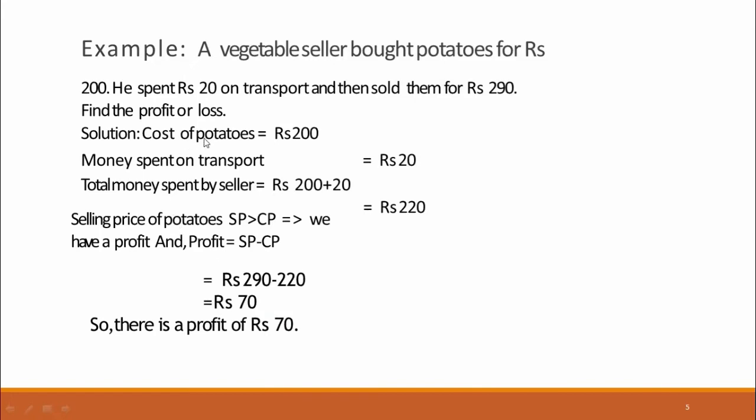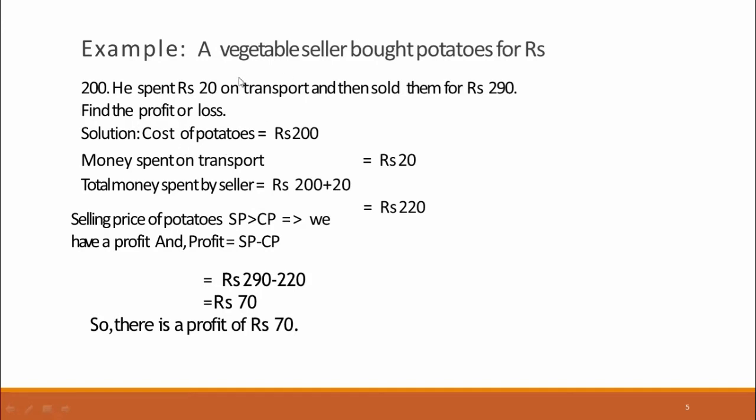Now another example: a vegetable seller bought potatoes for Rs 200 and spent Rs 20 on transport and then sold them for 290 rupees. Find the profit or loss. First of all, find the total cost.